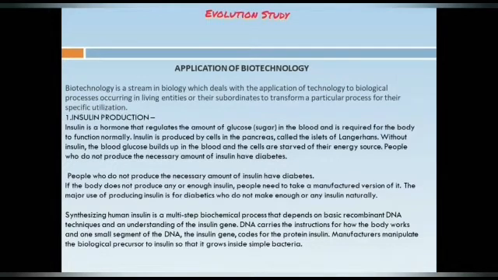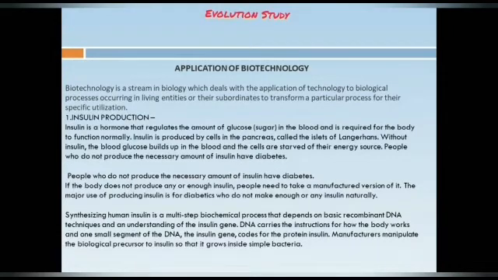So, if the body does not produce any or enough insulin, people need to take a manufactured version of it. The major use of producing insulin is for the diabetics who do not make enough or any insulin naturally. Synthesizing human insulin is a multi-step biochemical process that depends on basic recombinant DNA techniques and an understanding of the insulin gene.